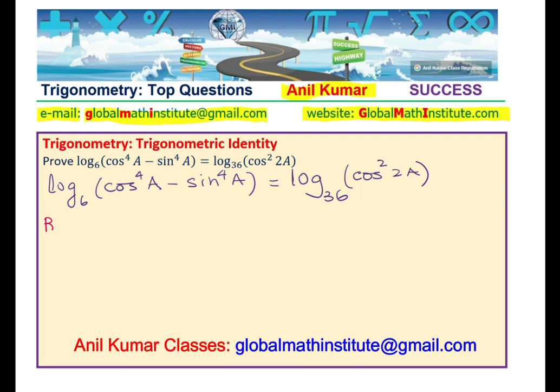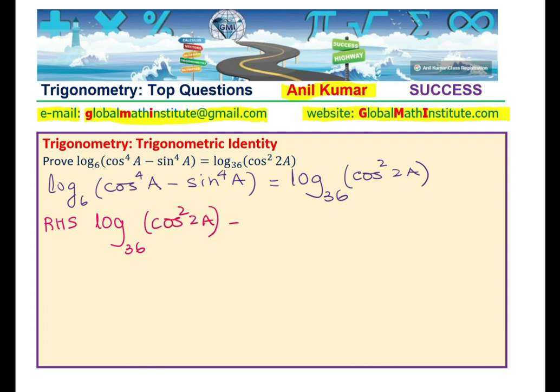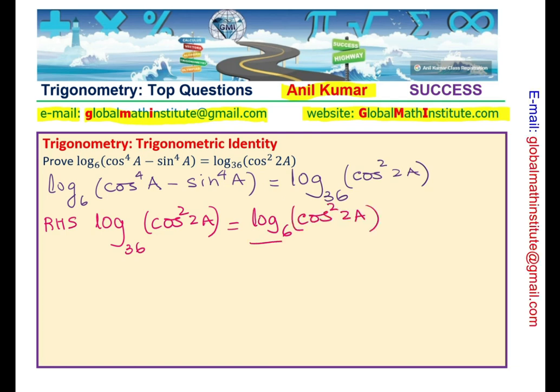So the right hand side for us is log to the base 36 of cos square 2a. We could change the base to 6. So we have log to the base 6 of cos square 2a divided by log to the base 6 of 36.